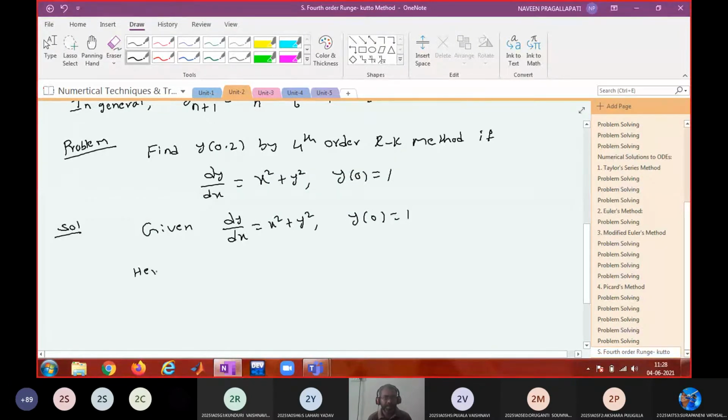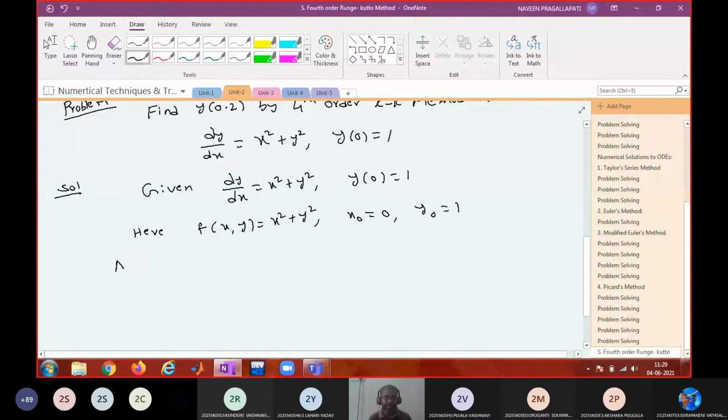So here f of x comma y is x square plus y square, x0 equal to 0 and y0 is equal to 1. So apply fourth order RK method.